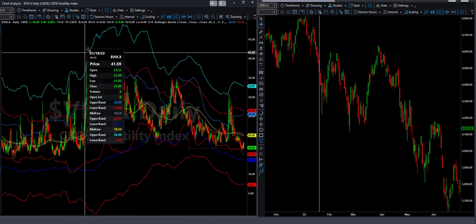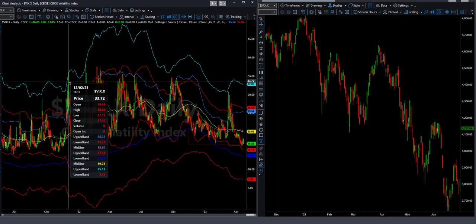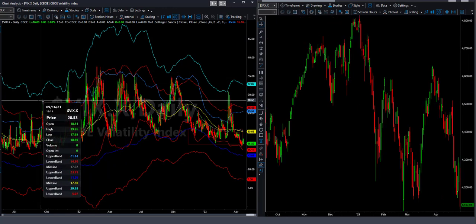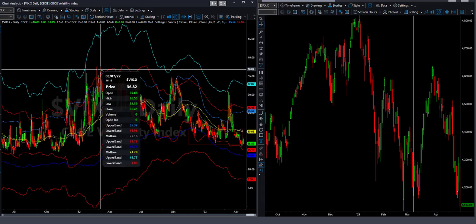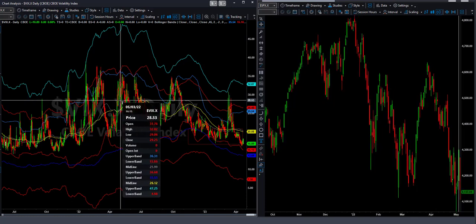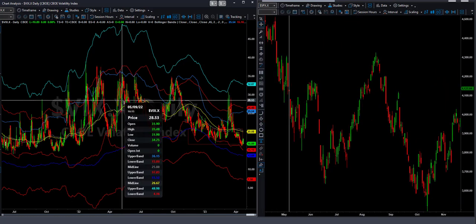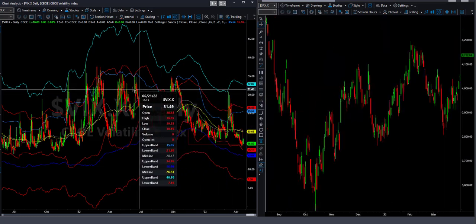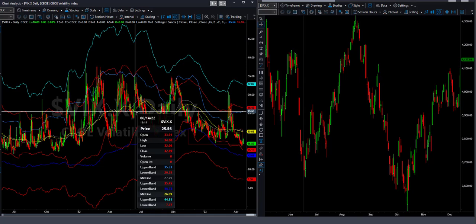So let's look at this guy right here. We got a bottom. Now this is daily chart on both sides. Bottom, roughly bottom, right there. How about these guys? Bottoms. These guys, and this guy, a little bit bottom, not much. This guy, big bottom.